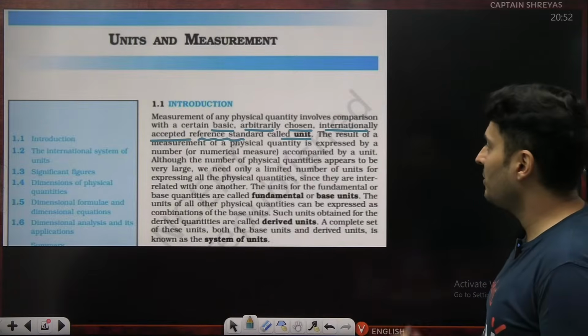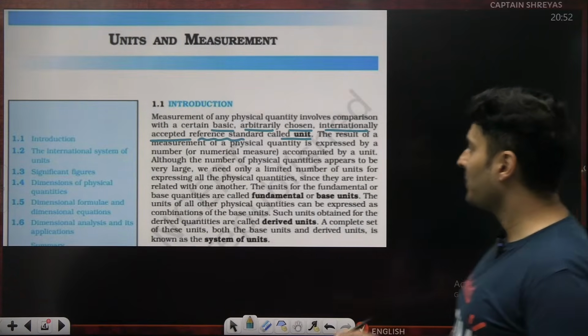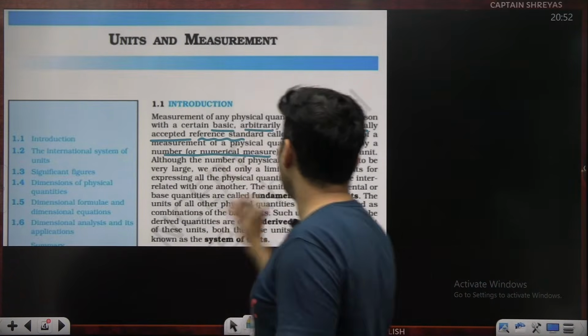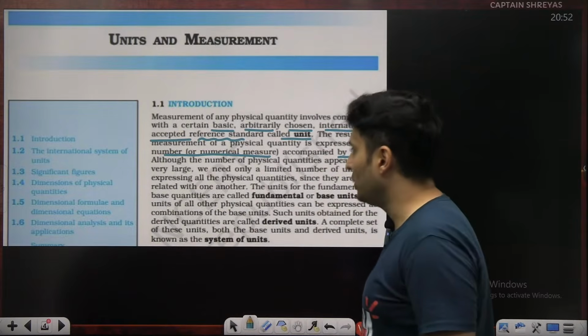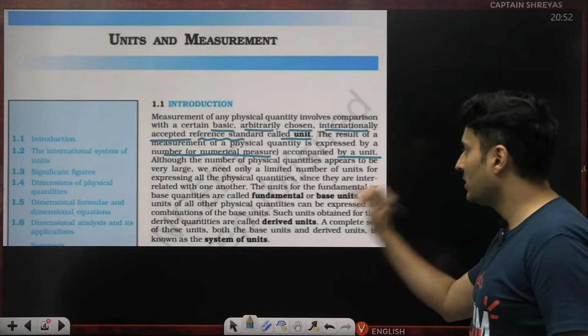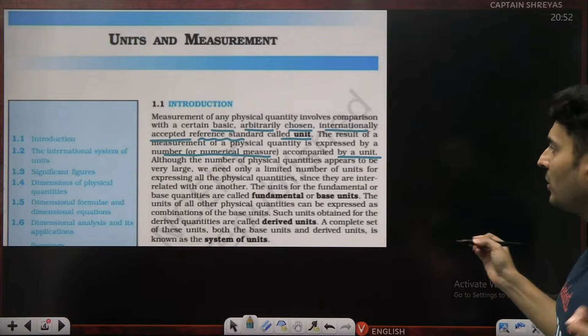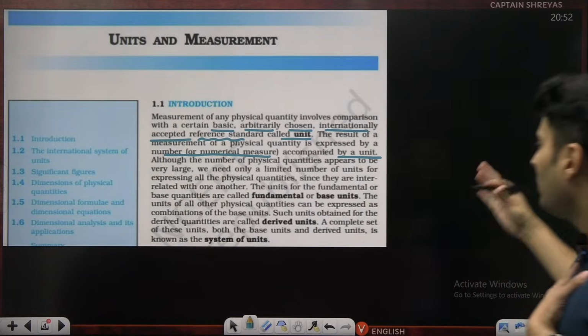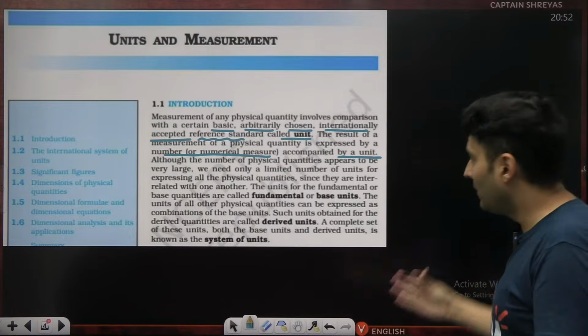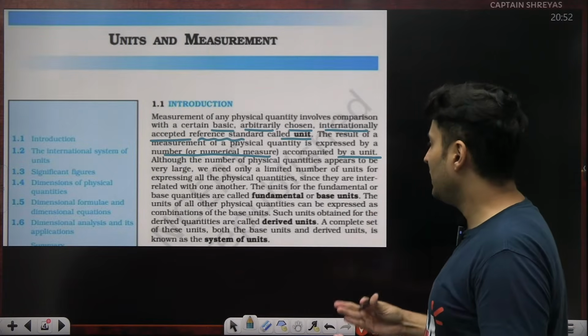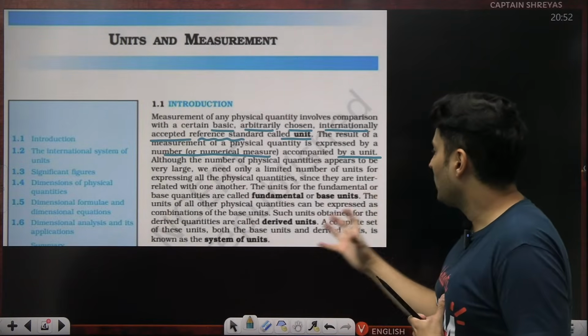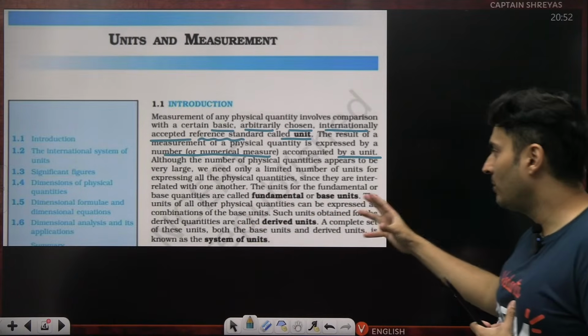The result of the measurement of a physical quantity is expressed by a number or a numerical measure accompanied by a unit. Although the number of physical quantities appears to be very large, we need only a limited number of units for expressing different quantities since they are related with each other. And the units for the fundamental base quantities are called fundamental or base units.